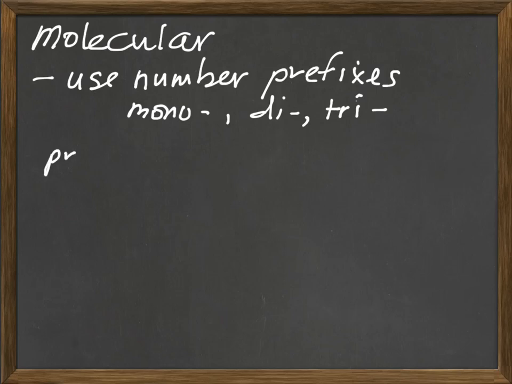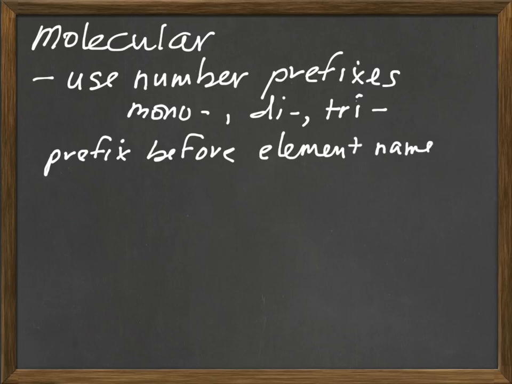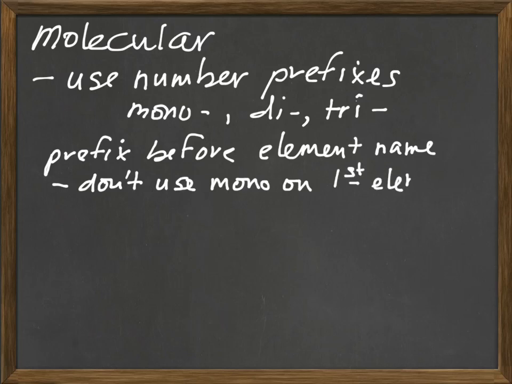The prefix goes before the element name. That's why it's a prefix. It's fixed before the element name, to tell how many we have. Don't use mono on the first one. So don't use mono on the first element. But we do use it on the second one, for the most part.